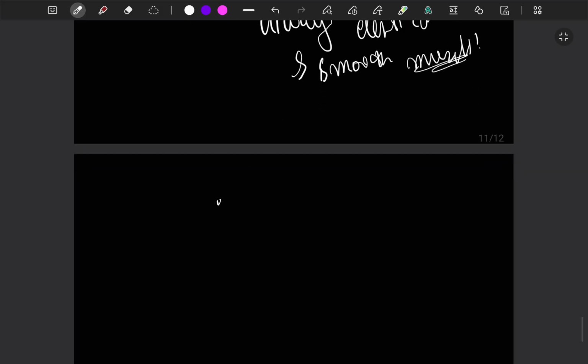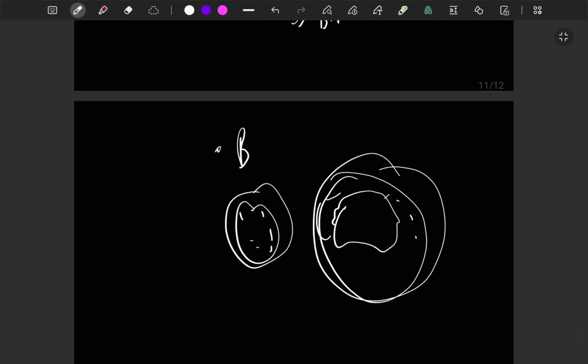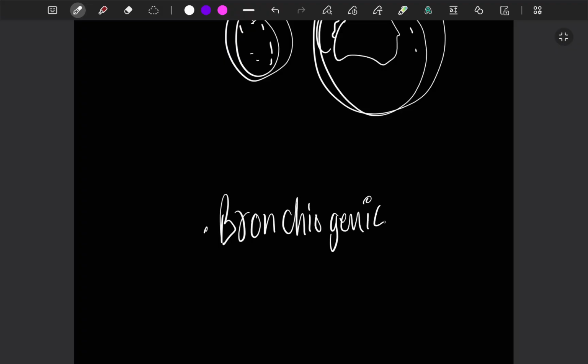And then there is bronchial asthma, and then there is emphysema. Right. This is a normal airway. This is the bronchiectasis with increased mucus. And bronchogenic carcinoma.